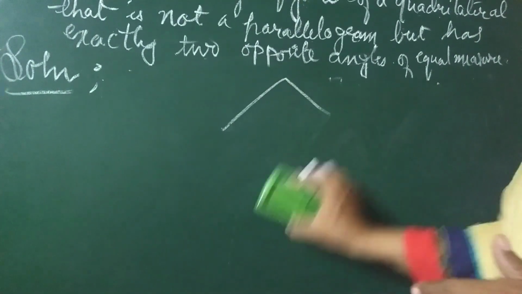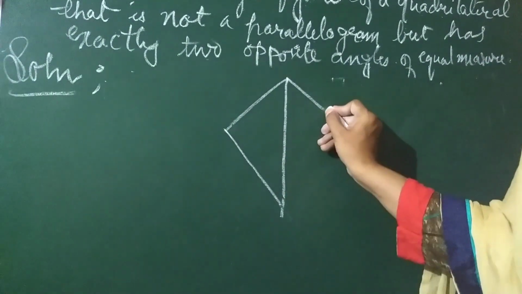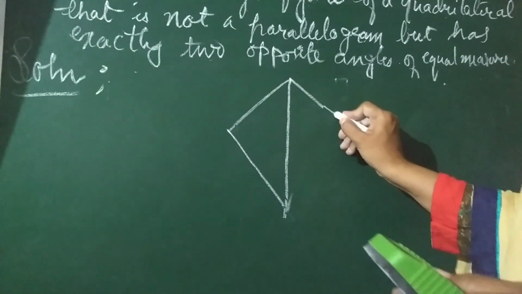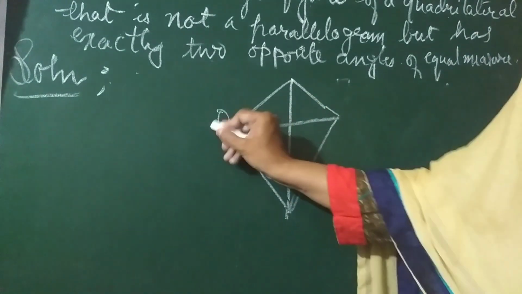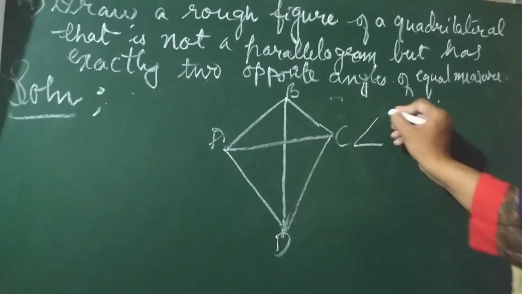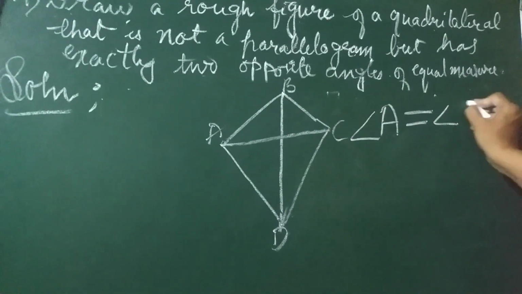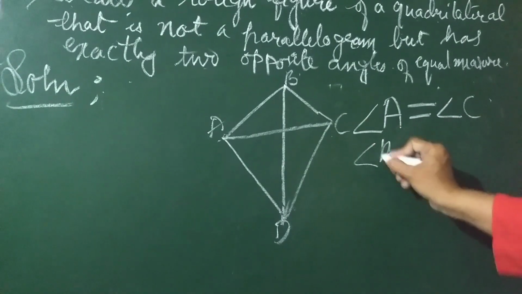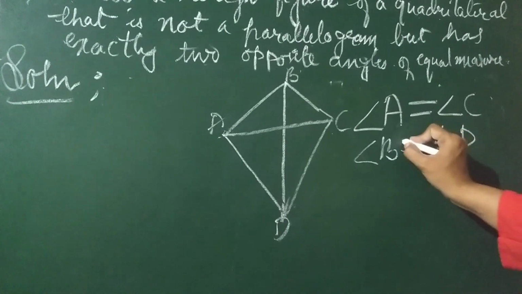As we know very well, this is a kite, which has one pair of opposite angles equal. For example, we name it A, B, C, D. Angle A is opposite to angle C, and these two are equal in measure, whereas angle B is opposite to angle D, and these two are not equal in measure.